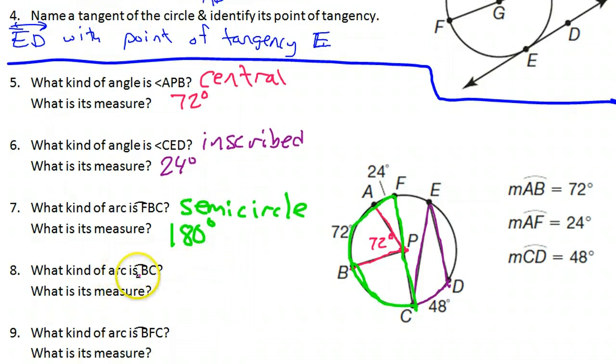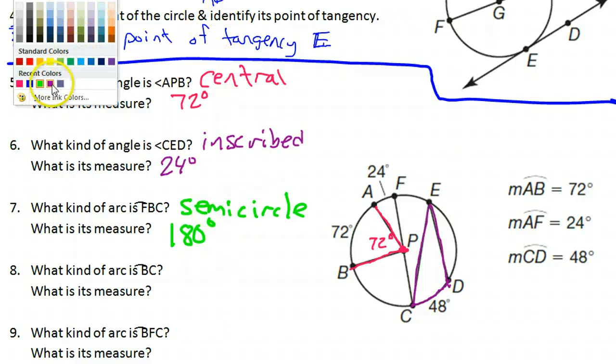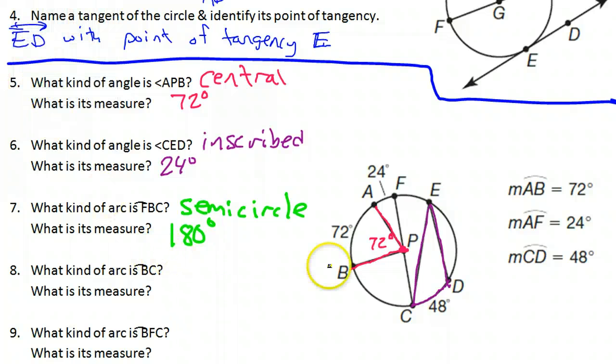What kind of arc is arc BC? Okay, the options are major, minor, and semicircle. So if we're going to talk about arc BC, between those options, this is a minor arc.